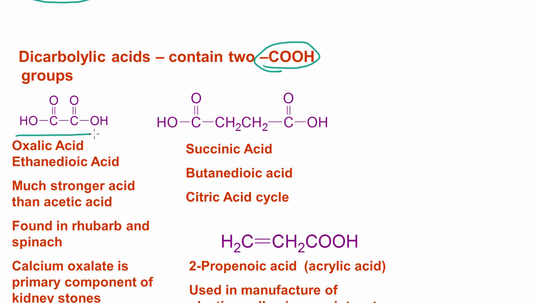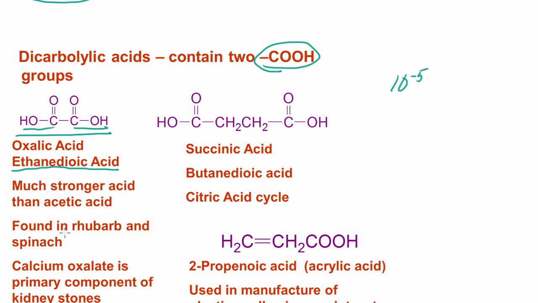So the first one is oxalic acid, and its IUPAC name would be ethane dioic acid. So note here the 2 carboxyl groups. And this is a stronger acid than acetic acid. Remember, acetic acid has a Ka of 10 to the negative 5.